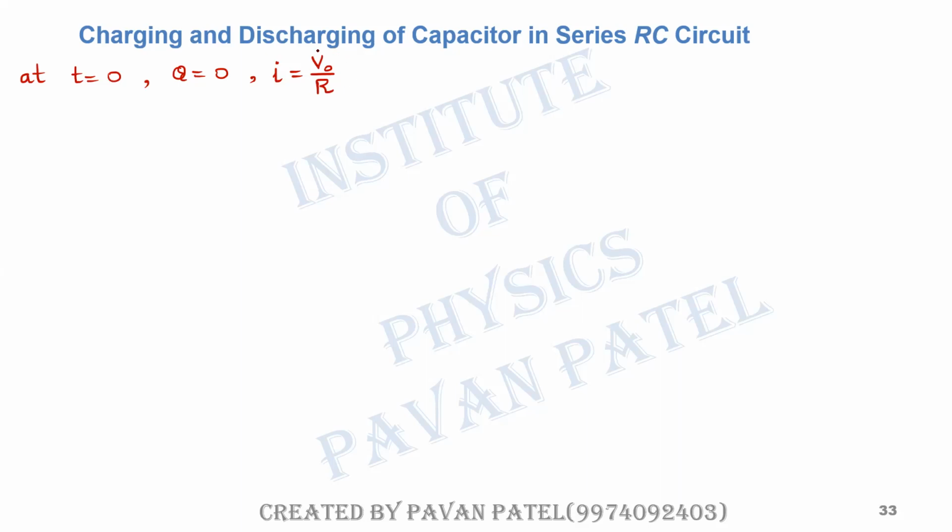So I is equal to V0 divided by R. At t equals 0, the charge Q is 0, right? V, which is the potential across the capacitance, is also 0.